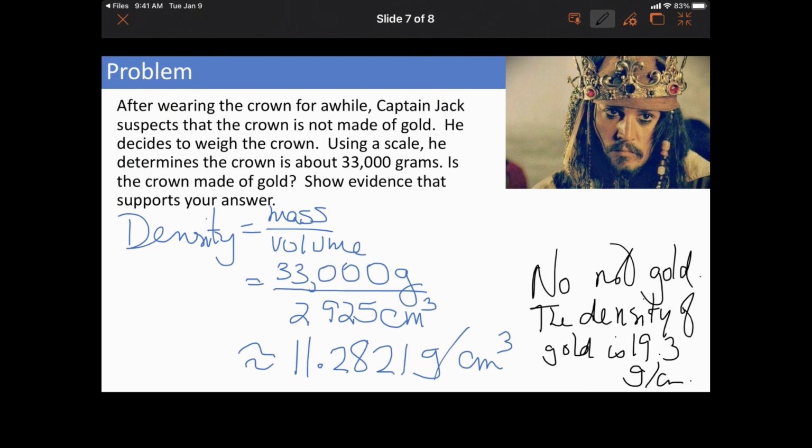So they're not equal. All right, so that is evidence. This is your work. This is your conclusion. So I know that you've analyzed it and you can come up with a conclusion.